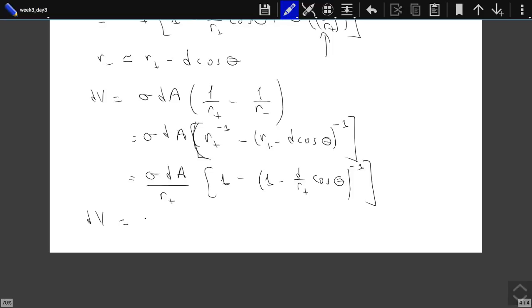So dV is equal to sigma dA over R plus. Well, again, D over R plus is a small number. I can use the same expansion I used before. So this is 1 minus 1 plus D over R plus cosine theta.